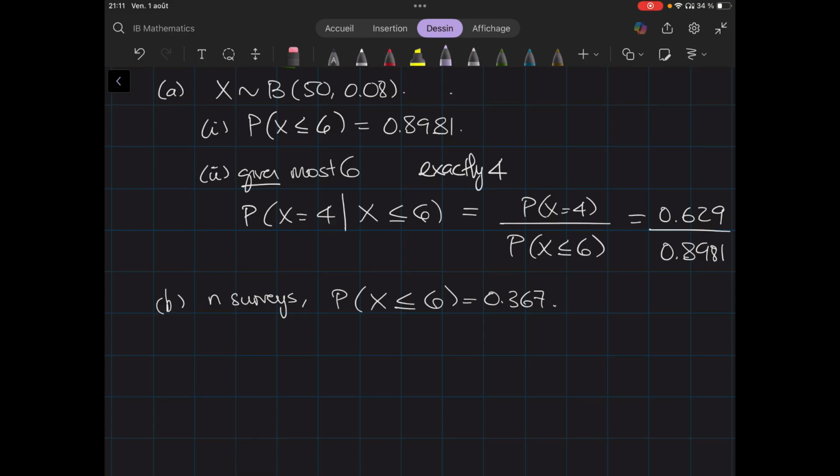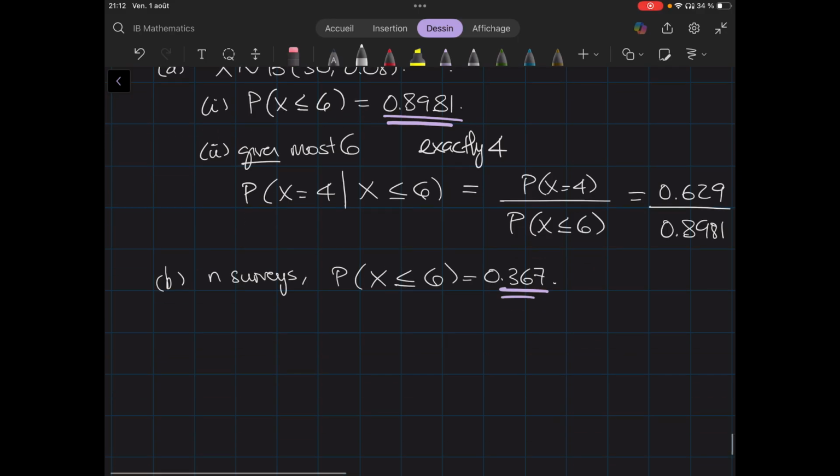We have a lower probability of this happening. That means that she had to enter more data. She had to enter more surveys. So you can create a table or something similar, and after a bit of messing around, you will get n equals 94.